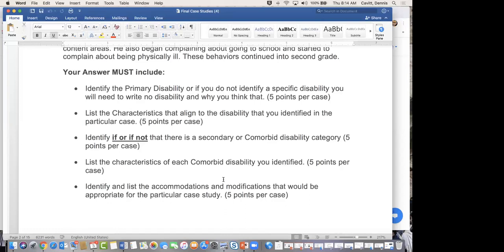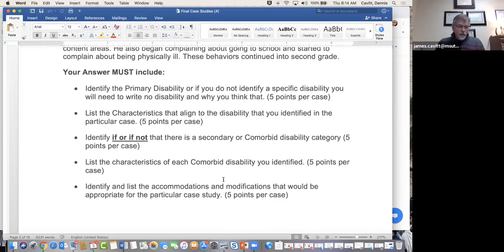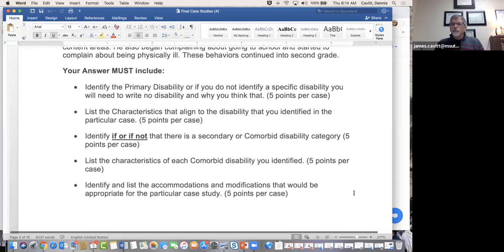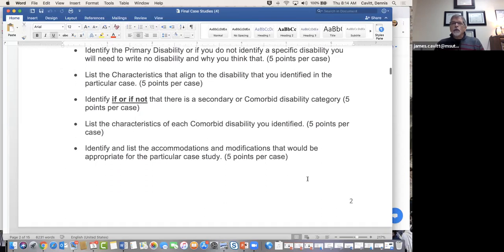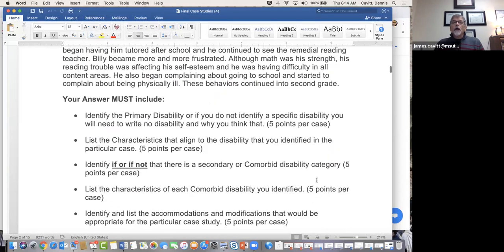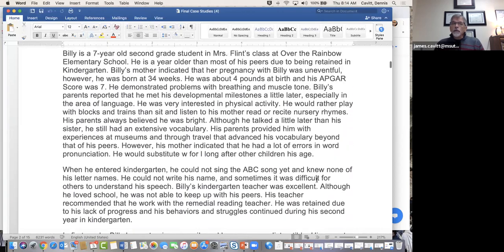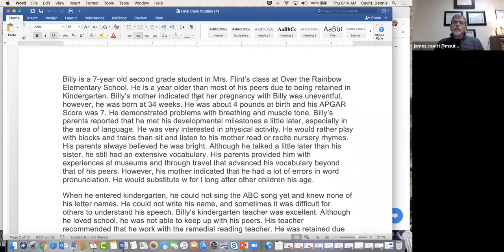Okay, so that is that information. Bless you, by the way. Thank you. That is the first 4 bullet points for case 1. That should help you guys along the way. And you see why it's not speech as the primary, because he's already into 2nd grade.